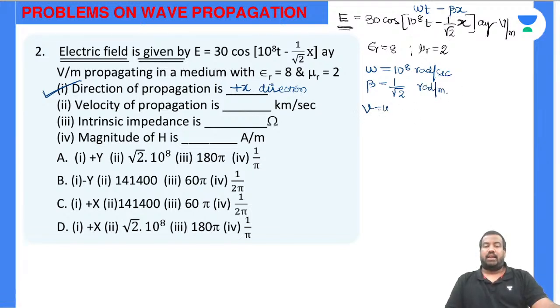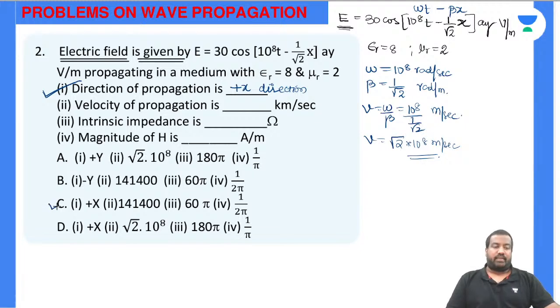What is velocity? Omega by beta. 10 power 8 by 1 by root 2, radian per second by radian per meter, gives meter per second. Unit of velocity. This velocity is root 2 into 10 power 8 meter per second.